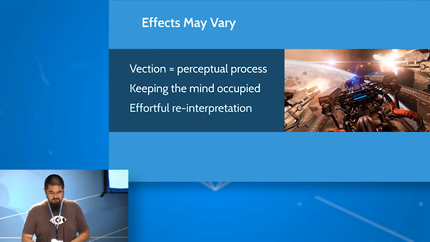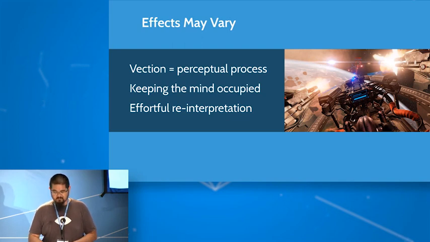Another approach to reducing discomfort is actually using these cockpits for effortful reinterpretation, which is kind of the weirdest, nerdiest way of putting something that I've seen said tons of times on the internet, which is this idea that the cockpit somehow grounds you. I've also heard things like, I use it as kind of my frame of reference, and that helps me feel better.